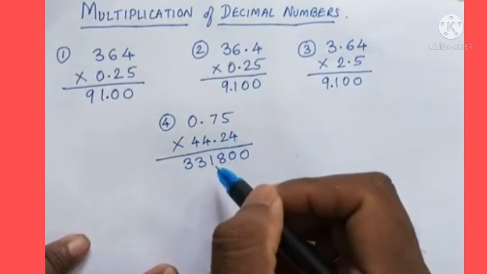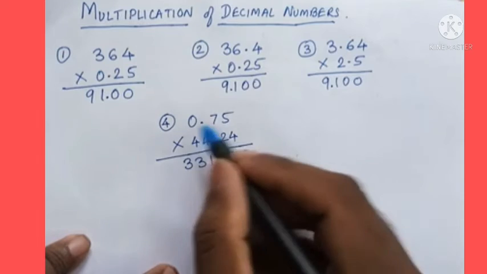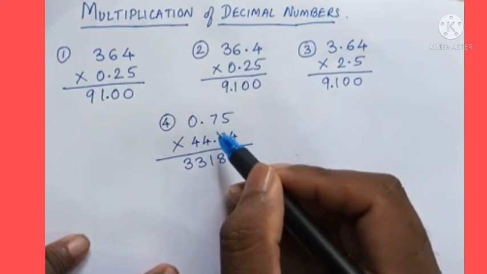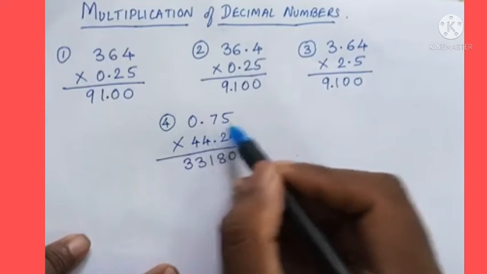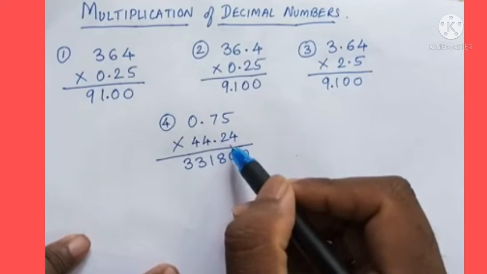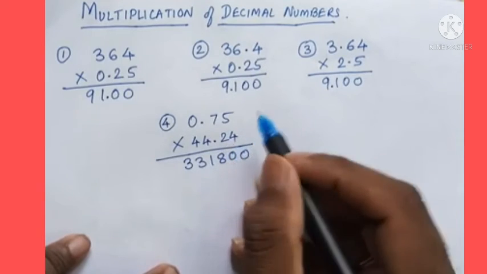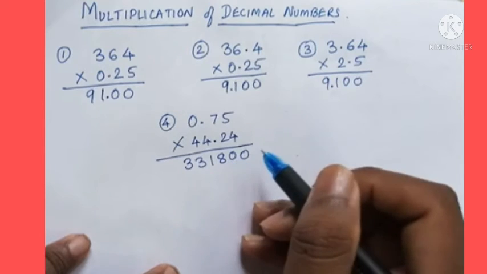And now for the second step, we have to place the decimal point at the appropriate location. First we'll count the total number of digits after the decimal point in the given two numbers. In the first number we have 2 digits after the decimal point. In the second number also we have 2 digits after the decimal point. Hence the final answer will have a total of 4 digits after the decimal point.